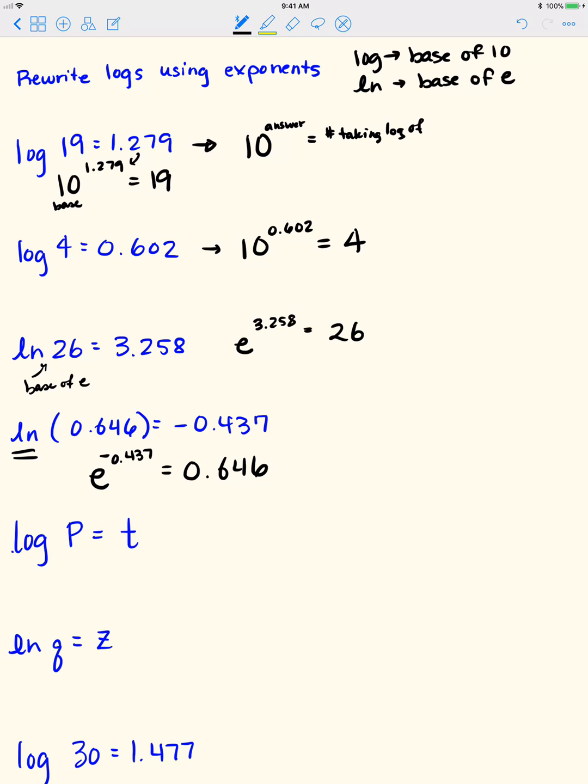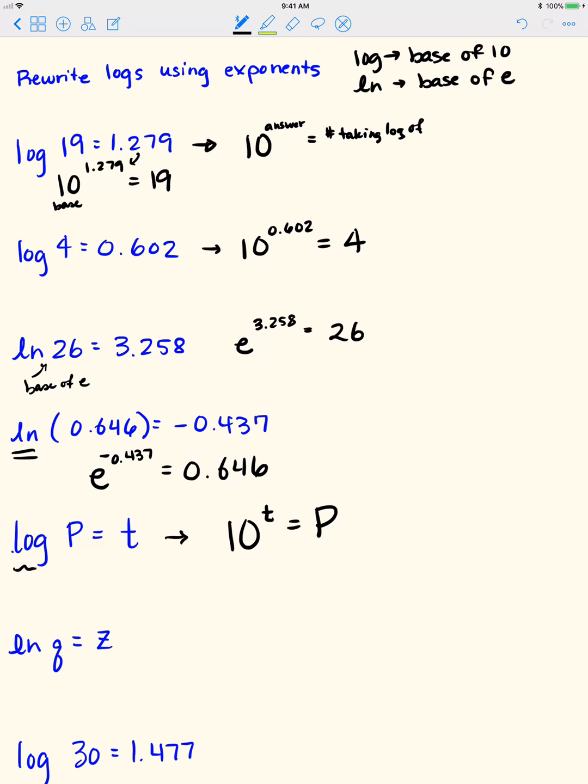Now with letters: common logarithm is a base of 10, so we'll raise 10 to the t power, and that'll give us the p that we're trying to take the log of. Again, there's nothing to plug in there. It's just so you're understanding how to go back and forth between log form and exponent form.